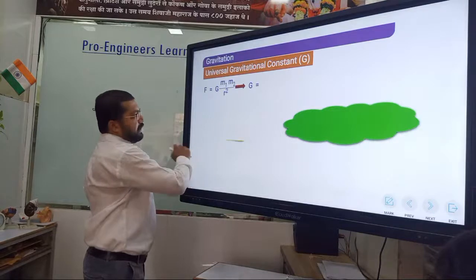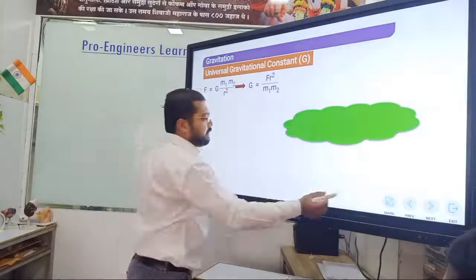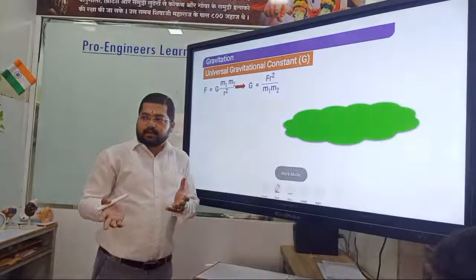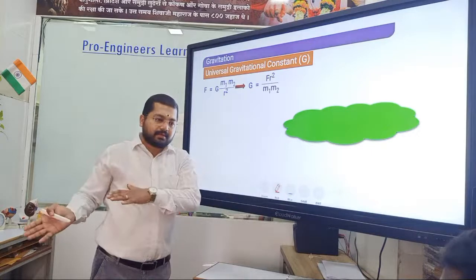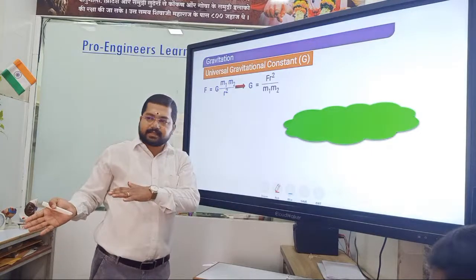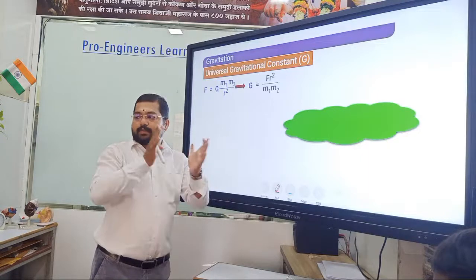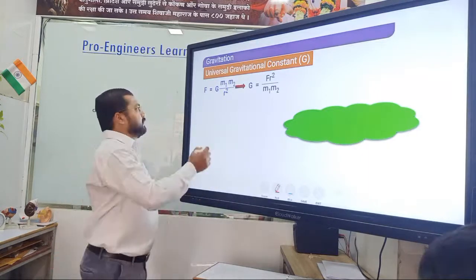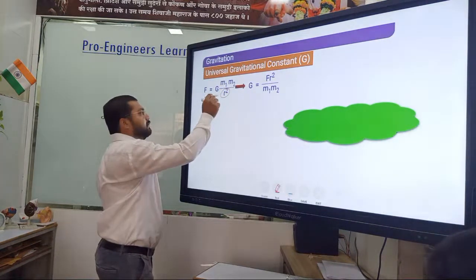So if we need to convert this formula in terms of capital G, then what will happen? The terms which are multiplied on the left hand side become divided on the right hand side, and the variables which are in division will come as multiplication. Here r square is in the division.